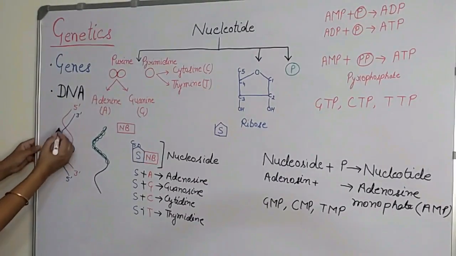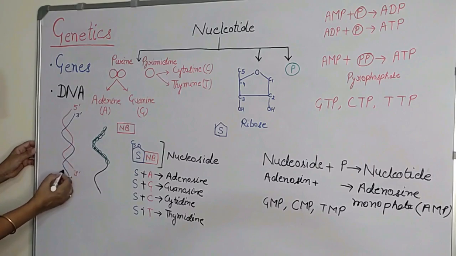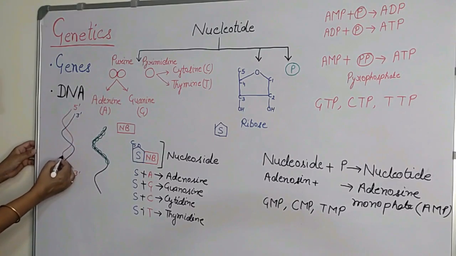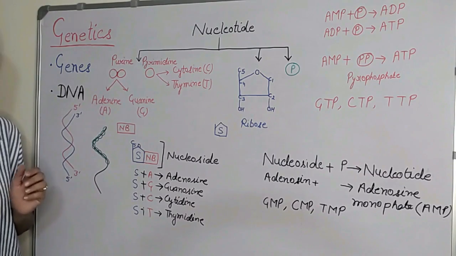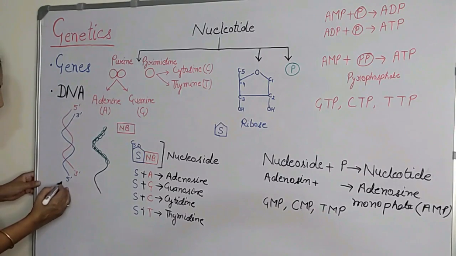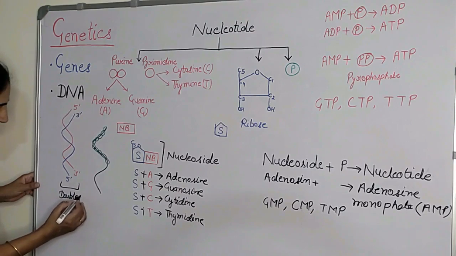Suppose this is one strand of polynucleotides, this is the other strand of polynucleotides. When these two chains are coiled around each other to form a double helix, then we call it a DNA molecule.